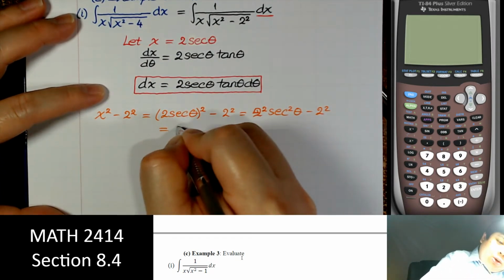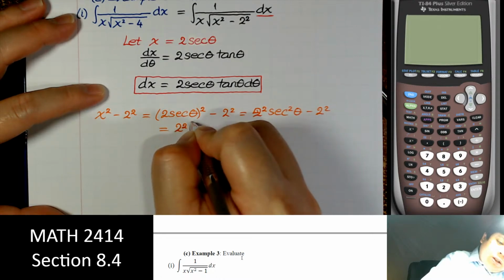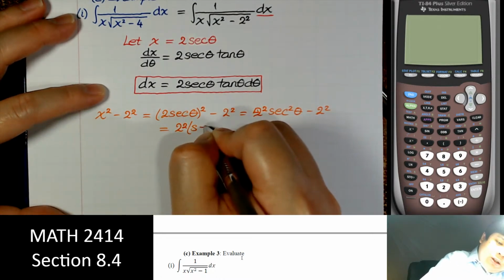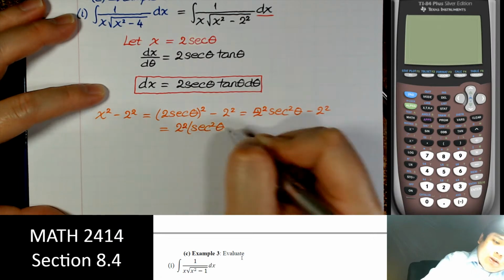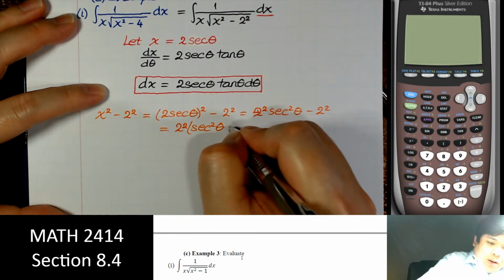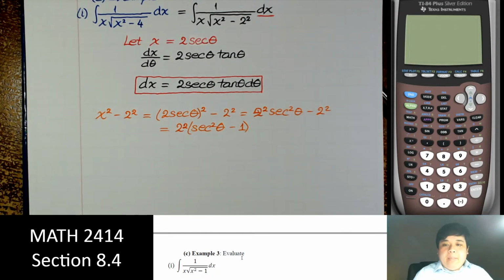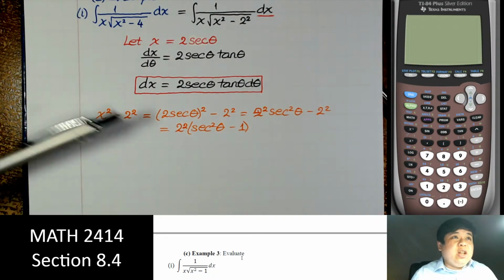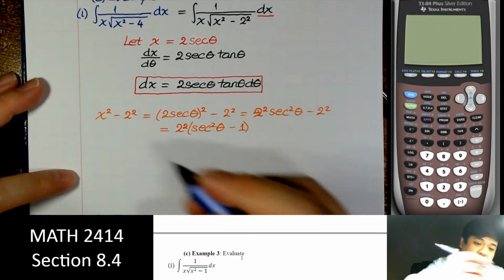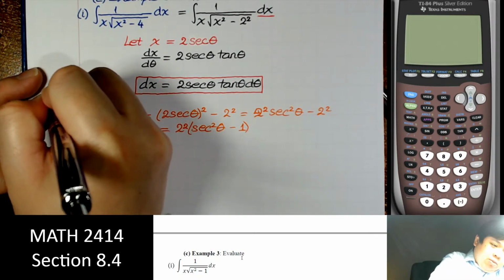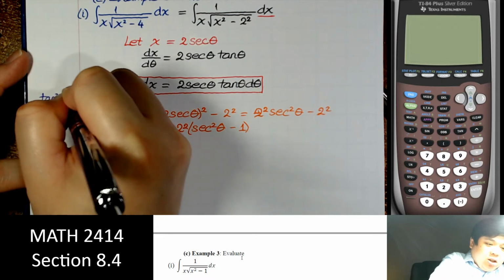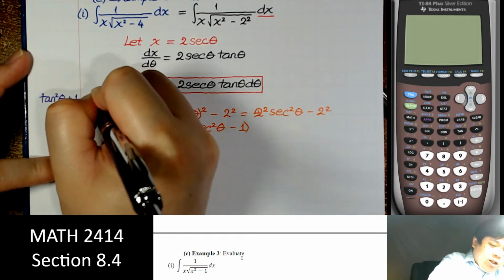And then factor out the 2 square. We have secant square minus 1. Right. And of course the trig identity is tangent square plus 1 is equal to secant square.